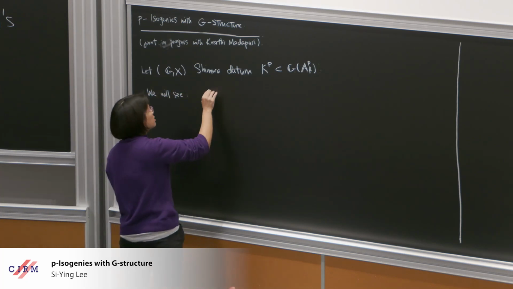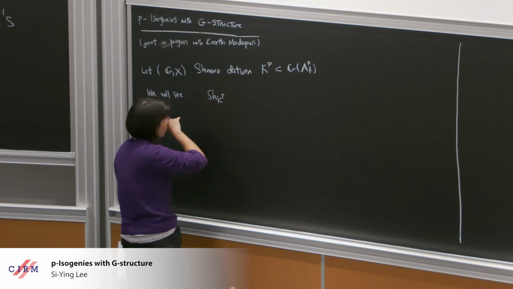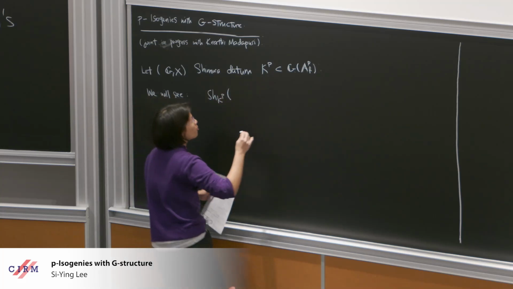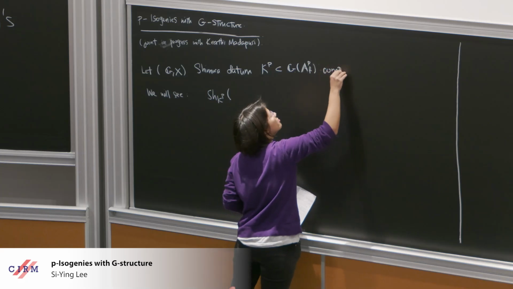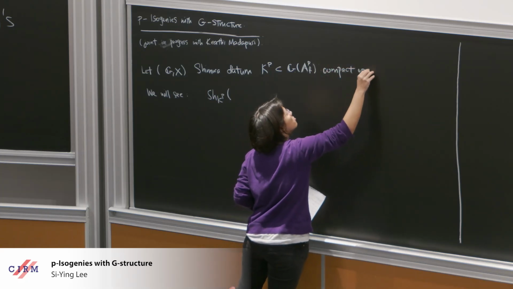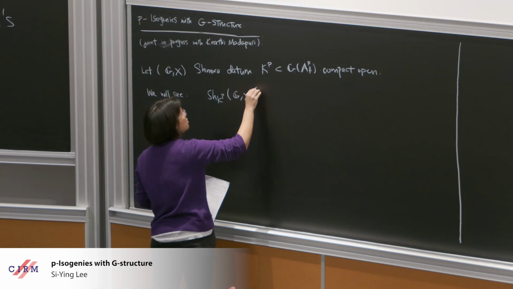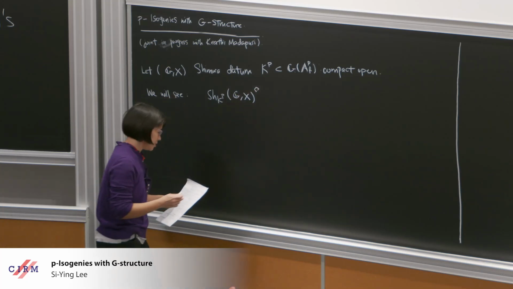You consider the Shimura variety with prime-to-p level Kp with this compact open, Gx. Say, take the diamond of this.